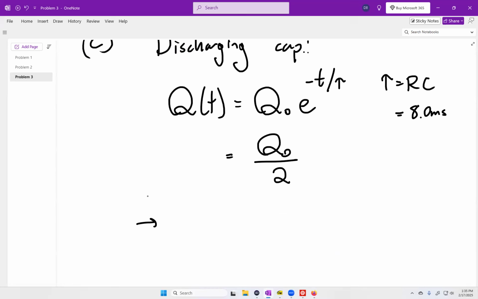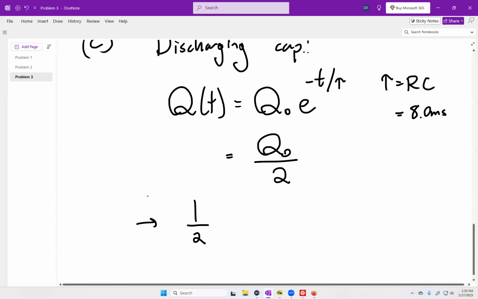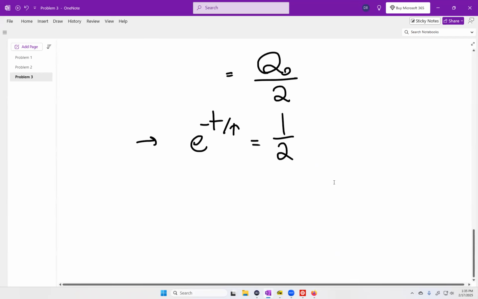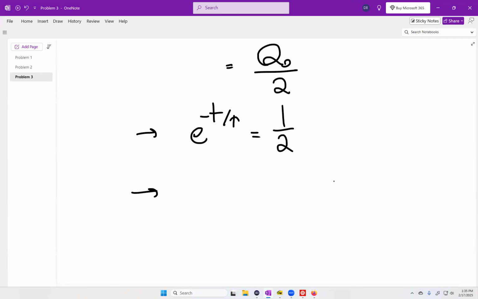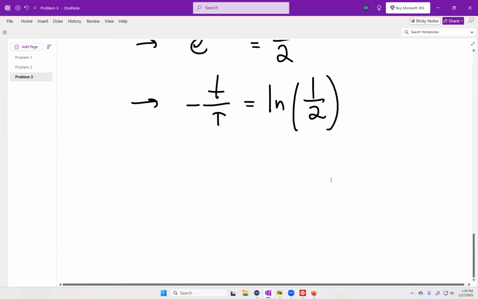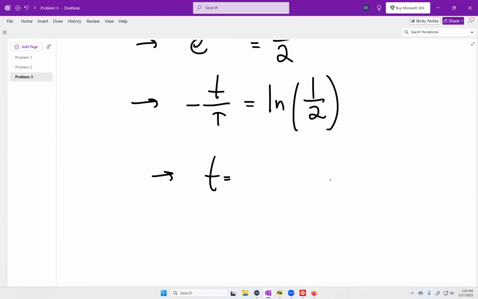And I can cancel the Q naught here, and I just have 1/2. Let me write it like this. So I have e to the minus t over tau is equal to 1/2, and I'm just solving for t here. So I'll take the natural logarithm of both sides, and then just rearrange to get t.